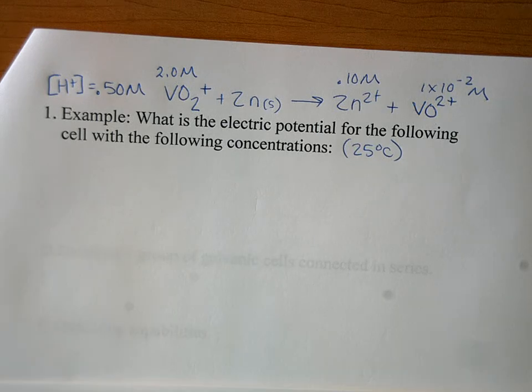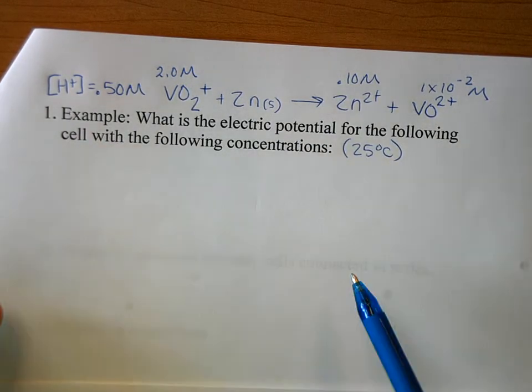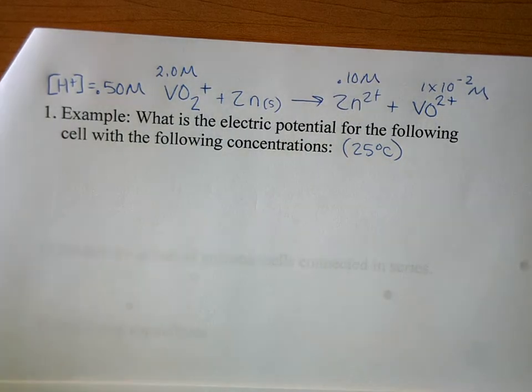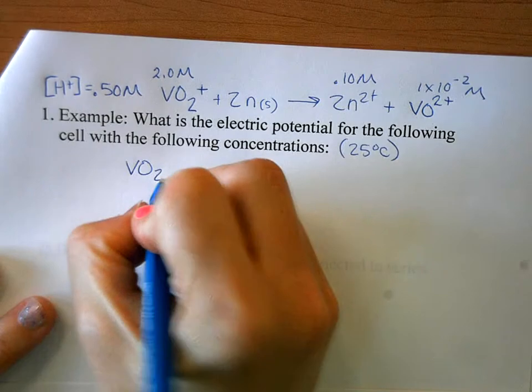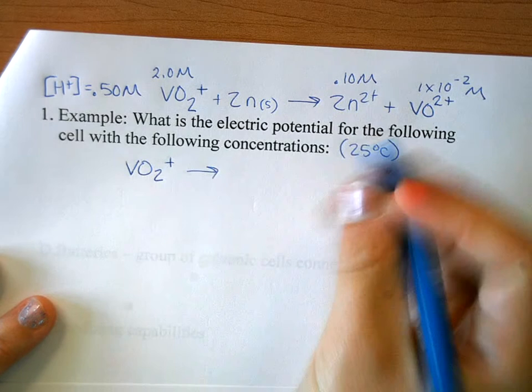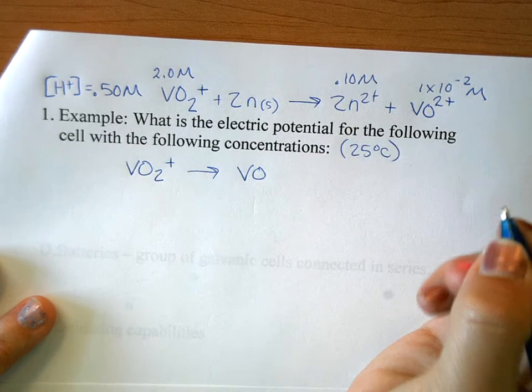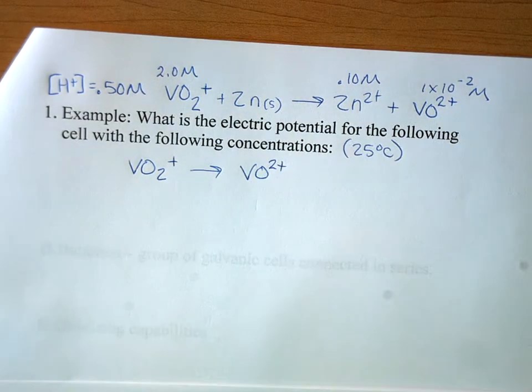Before I can use the equation and solve for the electric potential, I need to figure out what the standard electric potential should be if all the concentrations were 1, and then I need to figure out what Q is. So my first step is to separate them into half reactions. I'll start with my VO2 with a positive charge turning into VO with the plus 2 charge.